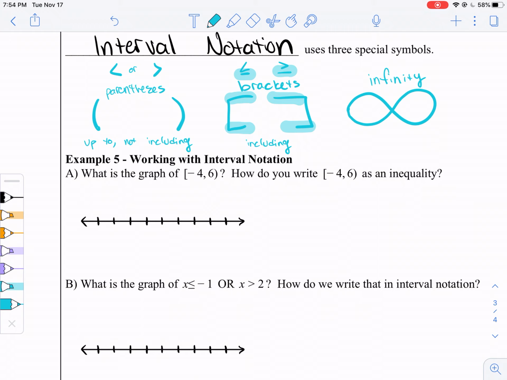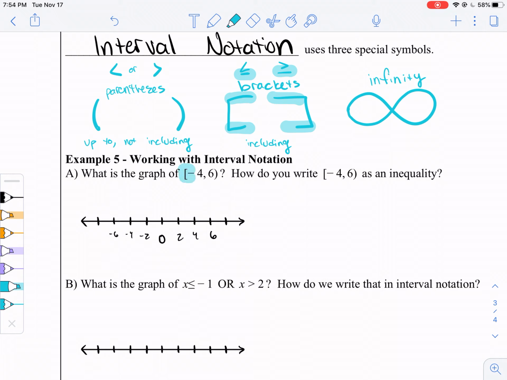The graph of the interval -4 to 6 means that we're going to shade in between -4 and 6. So if 0 is here, I don't have enough numbers, so we'll have these be 2, 4, 6, and -2, -4, -6. Here we've got a bracket.